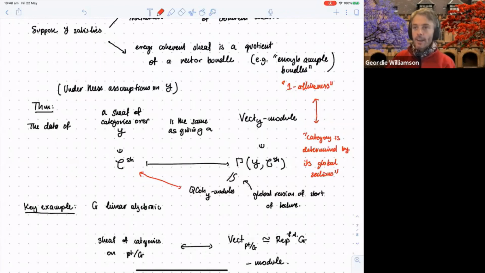And now you can untwist to see that any coherent sheaf is a quotient of a vector bundle. And having enough ample bundles is basically this condition that you can twist enough to get things generated by global sections.